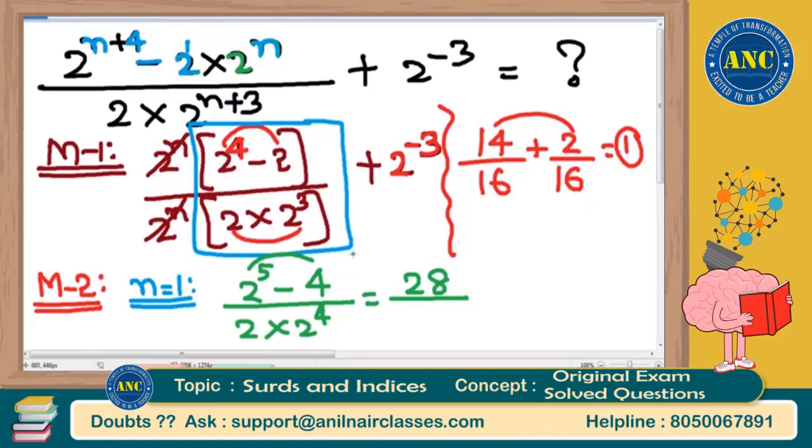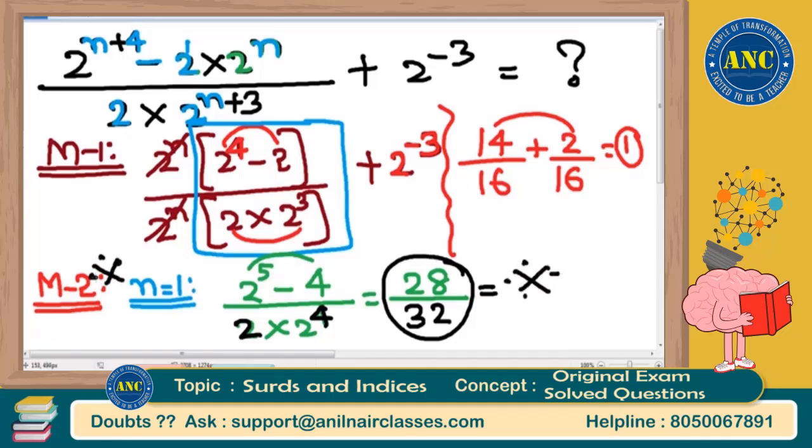Yes, it is 32 minus 4, which is 28. For n equal to 1, it is 2 power 1 plus 3, which is 2 power 4. Everything is correct, right? 2 power 4 is 16. 16 into 2 is 32. There is some mistake which we are getting. Okay, I'll check what the mistake is in method 2.